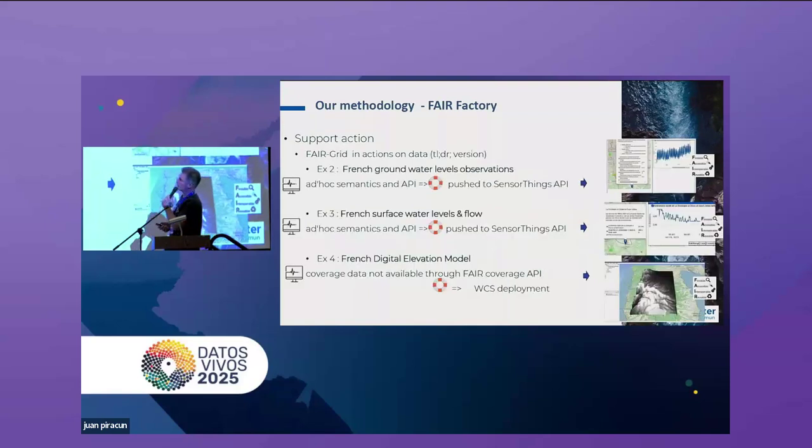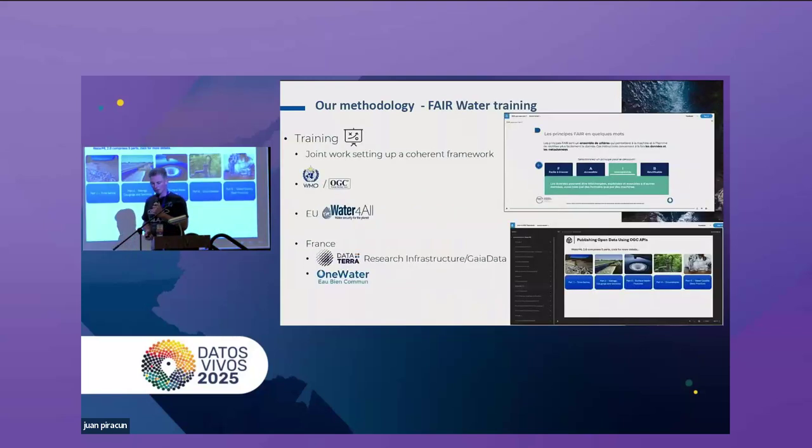But in fact, we have several examples, notably around transforming ad hoc semantics and API towards SensorThings API, for example, or coverage data when it's not available through a FAIR coverage API, in a WCS deployment, for example. And again, we can see the services we deployed behind that.